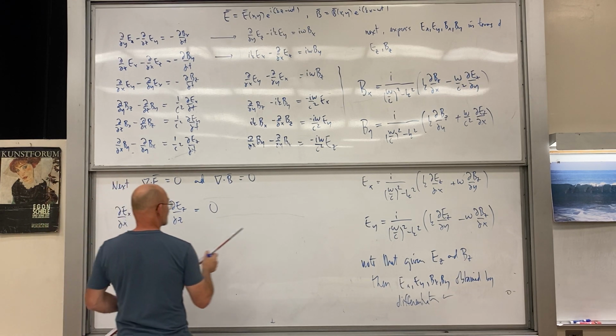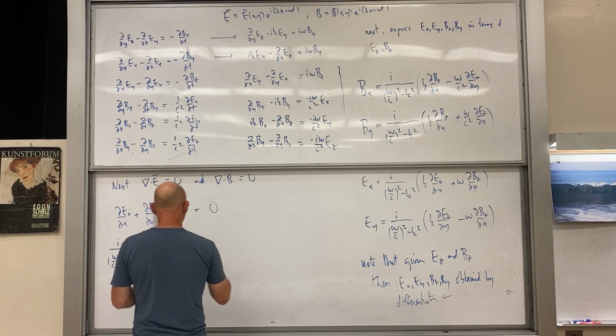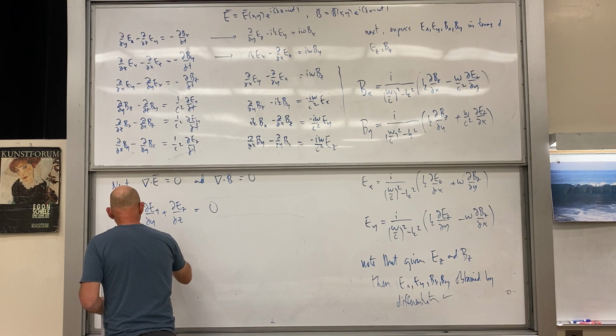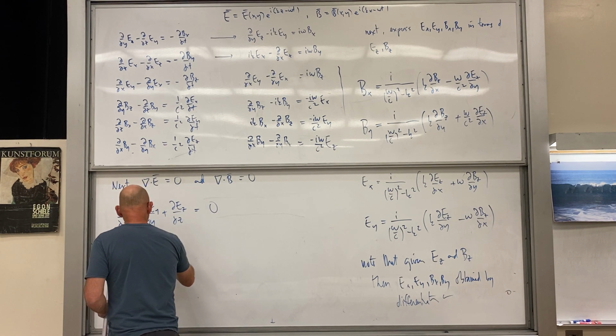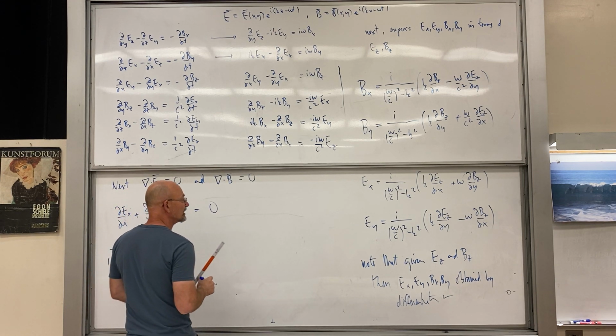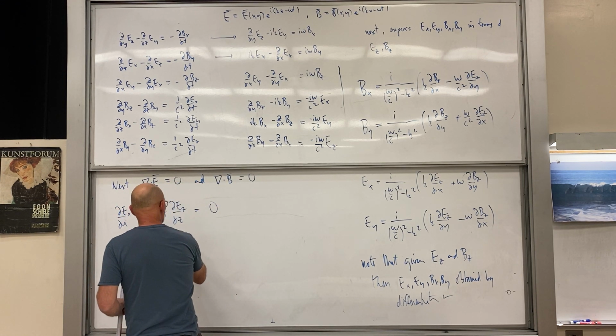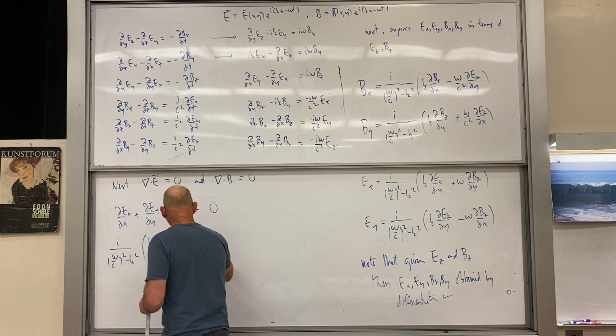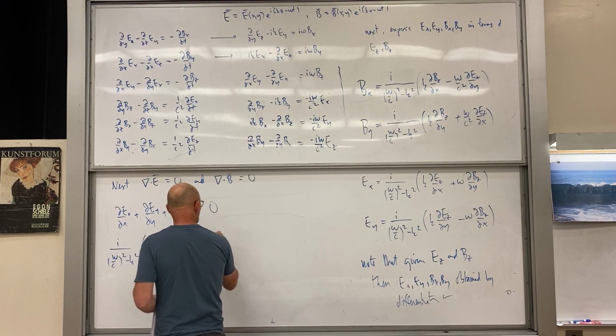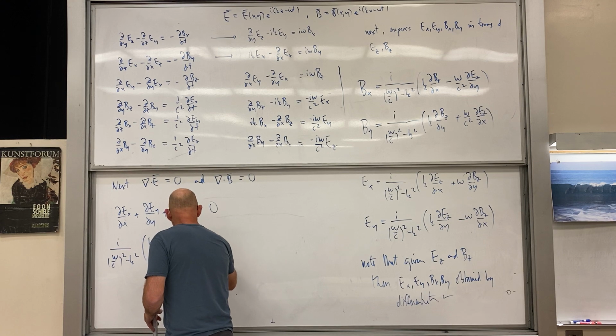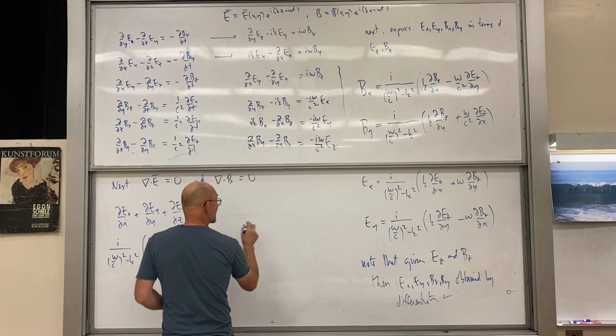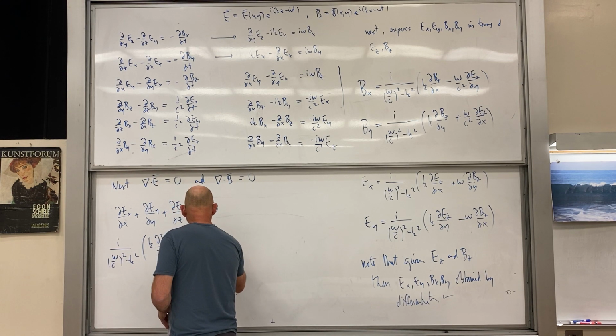Taking the derivative with respect to x, we would have k d squared Ez/dx squared plus omega d squared/dx dy of B sub z.